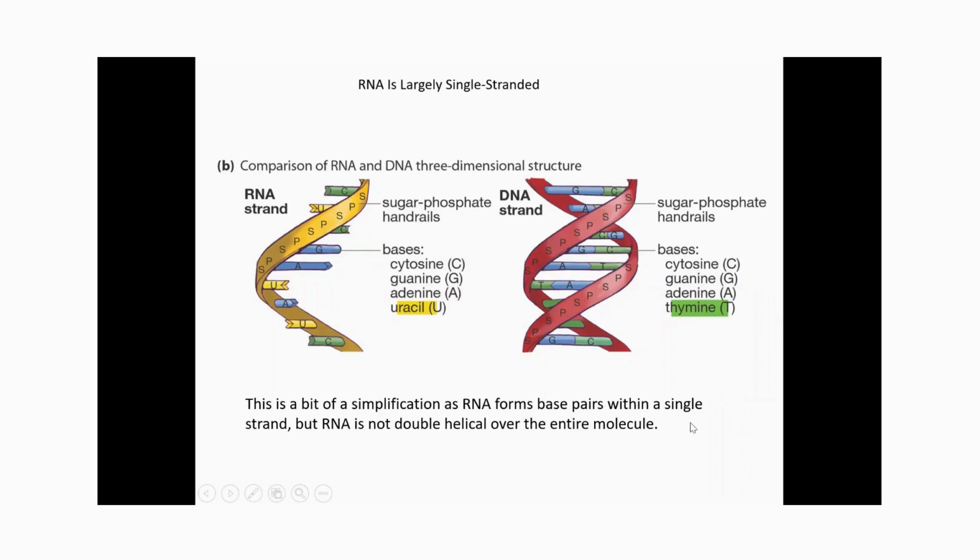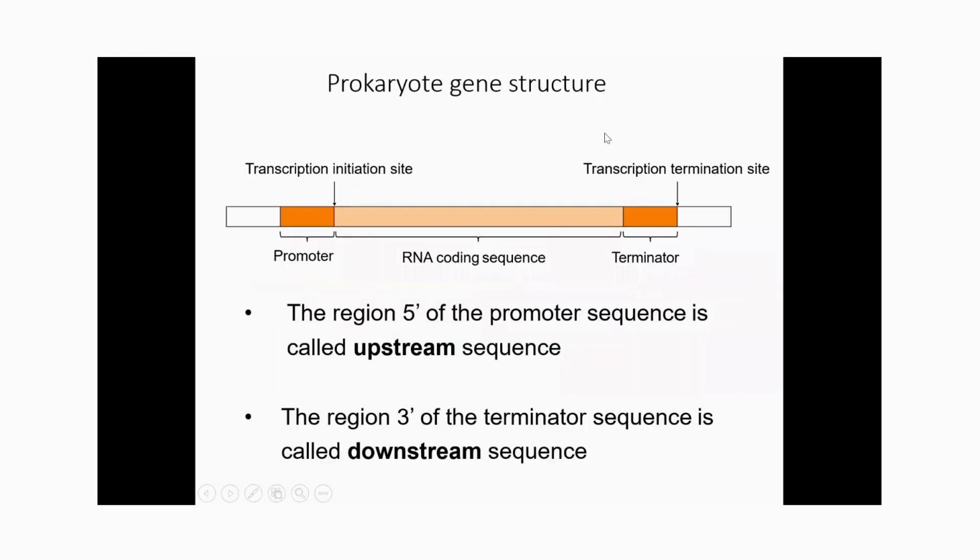After that, we are going to see about transcription. What is transcription? From the double-stranded DNA molecule, there is a synthesis of a single-stranded RNA molecule, and this process is known as transcription. This process is carried out by the enzyme RNA polymerase.